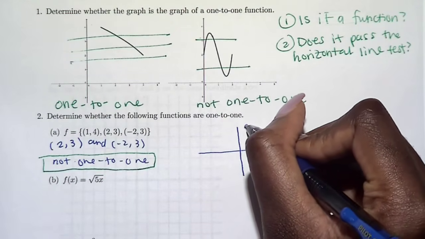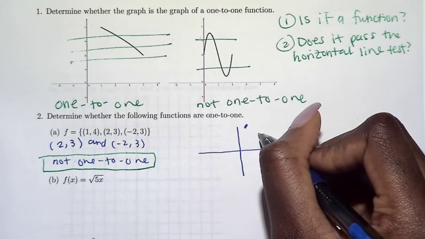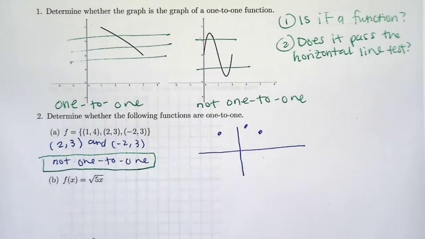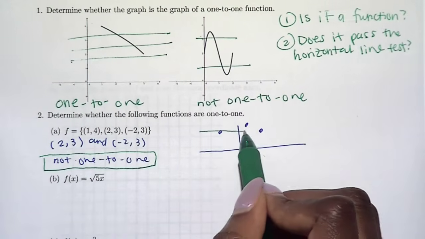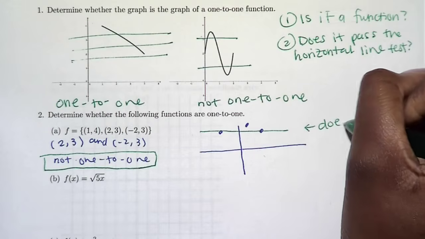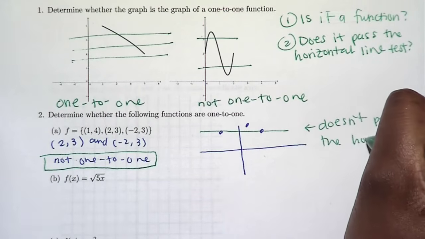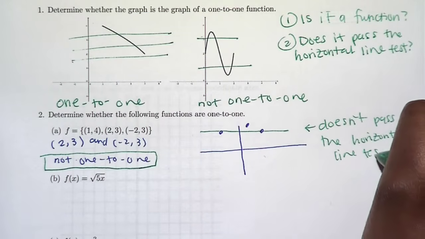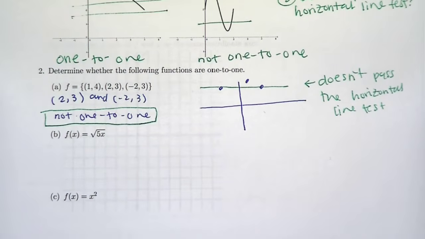Maybe (1, 4) would be here, (2, 3) would be here, (-2, 3) would be here. Does not pass the horizontal line test.